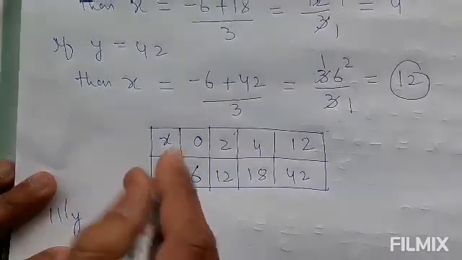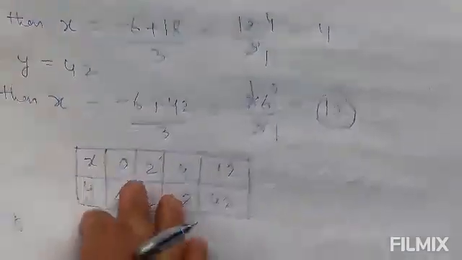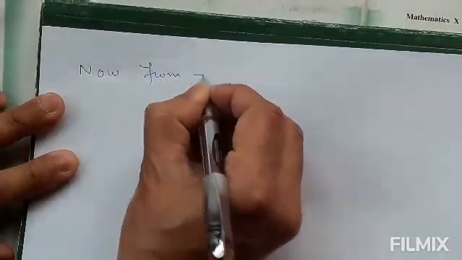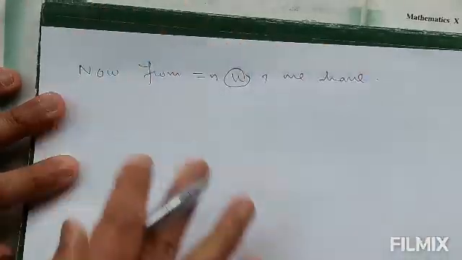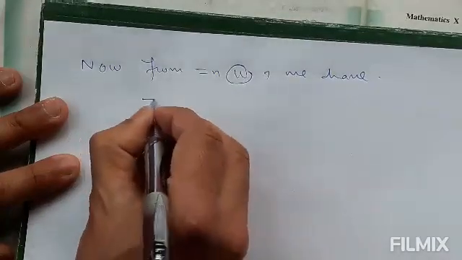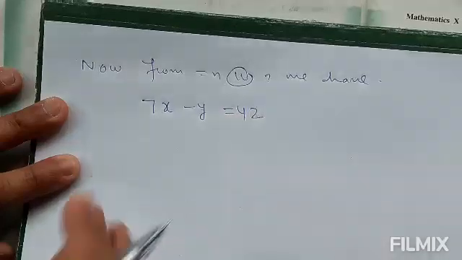Okay, similarly we shall proceed with the same procedure for the second equation, that is 7x minus y is equal to 42. Okay, so let me take another paper. Now from equation second we have 7x minus y equal to 42.